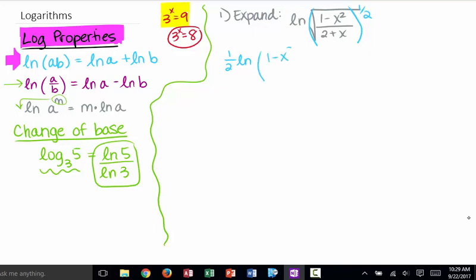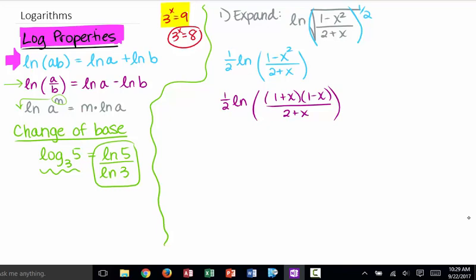So this would be probably a first step, and I'm going to do this step by step just so you can see. And then since the numerator is factorable, I will go ahead and do that. So I will say it's 1/2 times the natural log of, that factors into the conjugate pair, 1 plus x, 1 minus x, all over the factor 2 plus x.